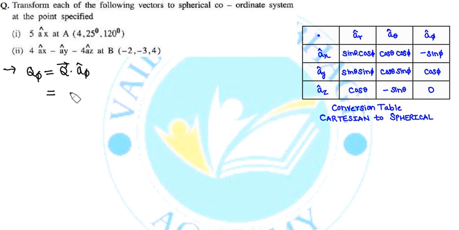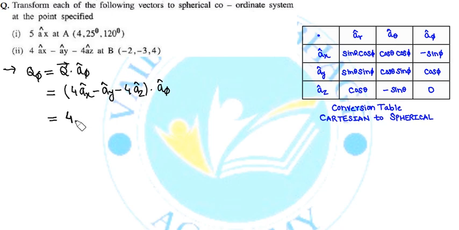Now rewrite that vector q, which is 4 x cap minus ay cap minus 4 az cap, having the dot product with a phi cap.